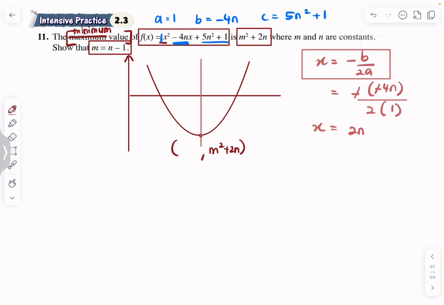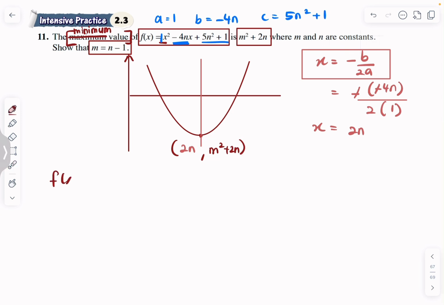So our x is 2n. Now we know our x value for the minimum coordinate, and when the x value is 2n, we get this y value.